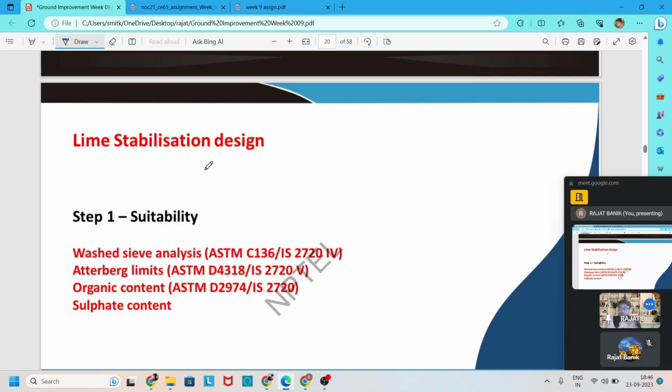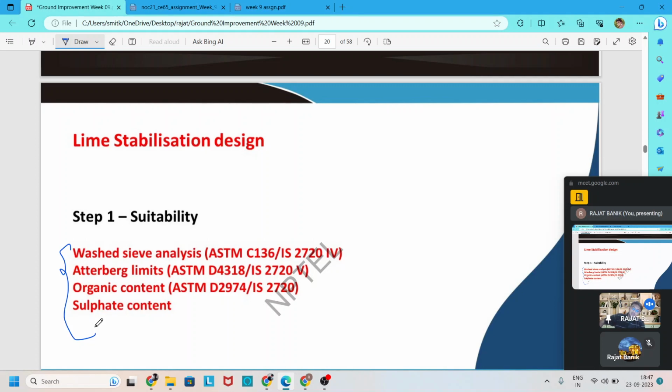First we check. For that, the basic tests are sieve analysis or gradation, finding the Atterberg limits, organic content, and sulfate content. So these few factors govern the lime application, that means whether we apply lime to this type of soil or not.